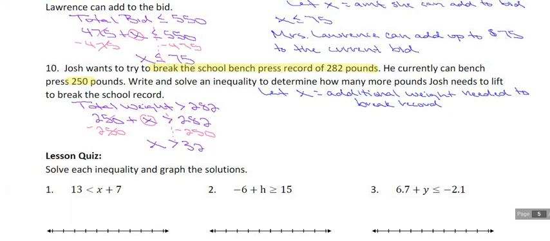Now, if we're just talking basic inequalities, that's our literal solution. But, I mean, this is a real life situation. So we can write it a couple different ways. And obviously, I don't know that much about bench pressing records. So technically, 32.1 pounds would do it. But I don't think that they do weight in increments other than at least a pound.